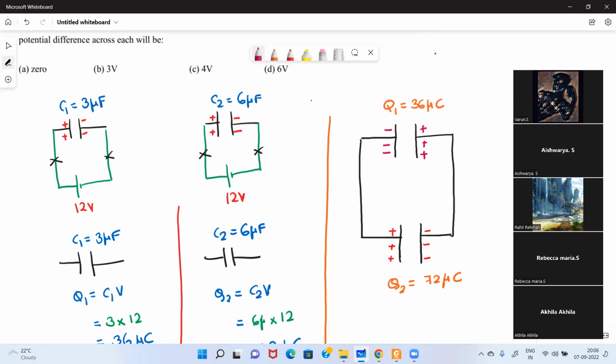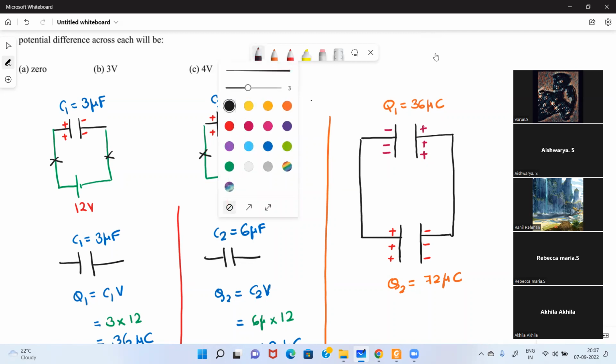What will be the difference? If I connect positive plate to positive plate, negative plate to negative plate, then both the charges will get added up. The total charge will be the addition of the two charges. If I'm connecting opposite, positive plate to the negative plate of the other one, and negative plate of this one to a positive plate, then the total charge will not be Q1 plus Q2, but it will be the difference of the two charges.